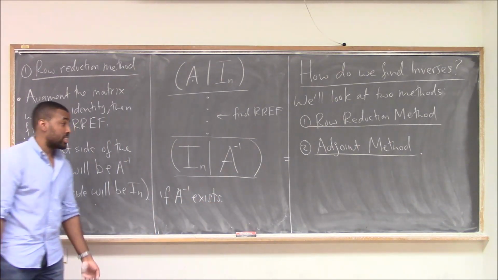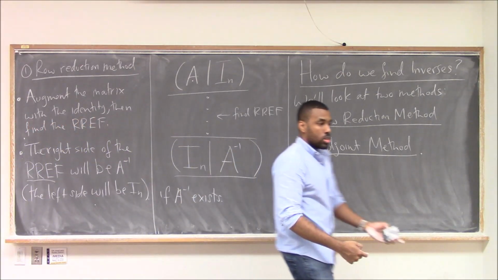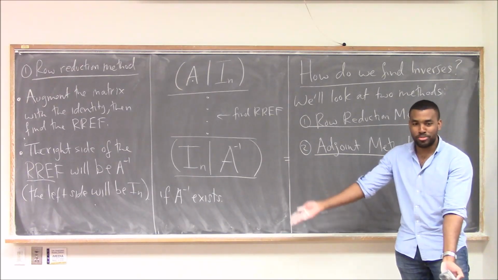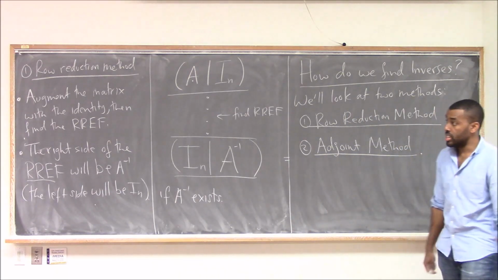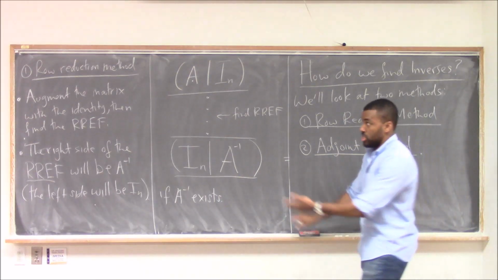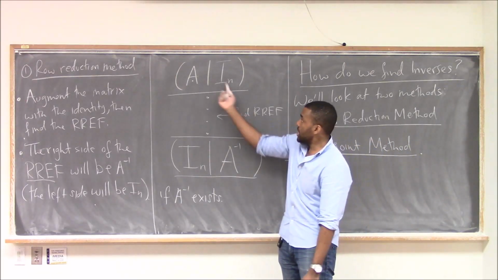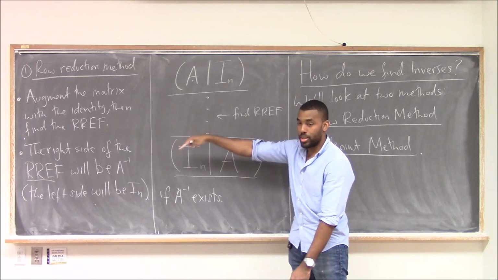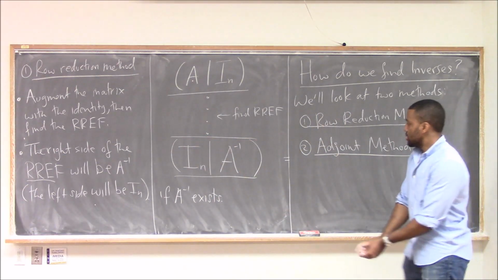If you do everything correctly and this doesn't happen, it means there is no inverse. But as long as there is an inverse, and you'll have reason to believe that there is, because I'll tell you and ask you to find it, then you can use this process to get to the inverse. We literally just do row reduction. With the matrix on the left, the identity on the right, find the reduced row echelon form of that. The identity should end up on the left side, and the inverse is going to be the guy that's on the right side.